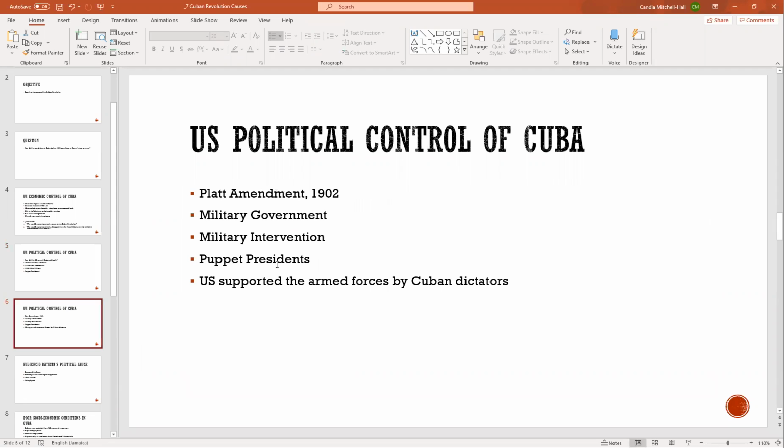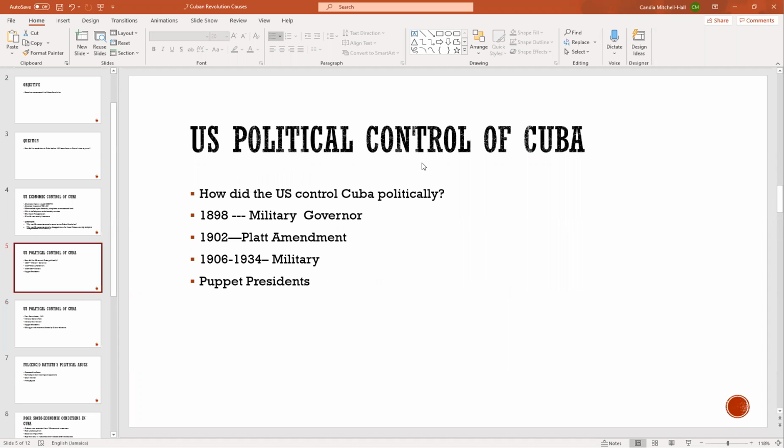Sir, like Batista, but a lot more presidents. I remember that from grade 9. Yes, Fulgencio Batista. So if we look at this, they would have controlled them politically.